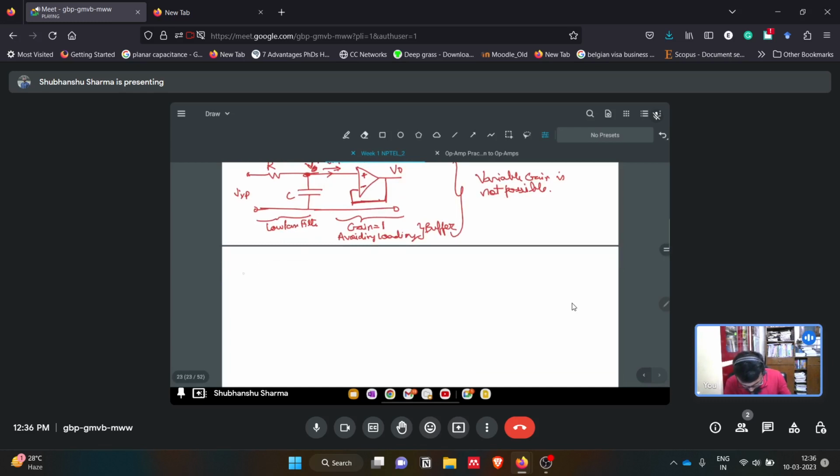So this is the active low pass filter with amplification.